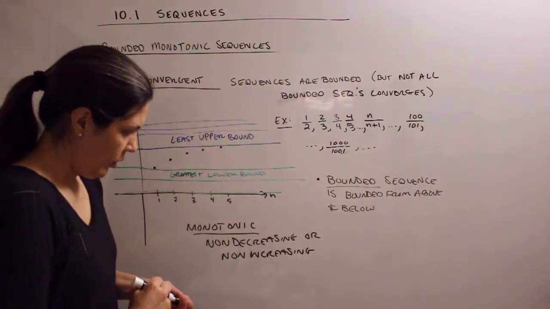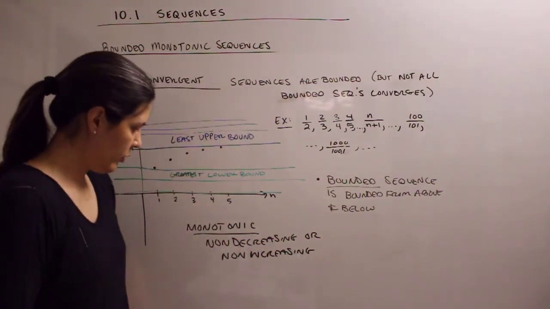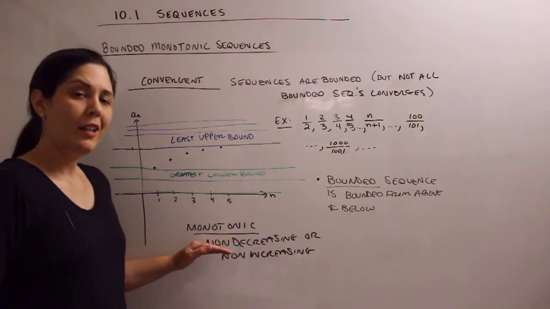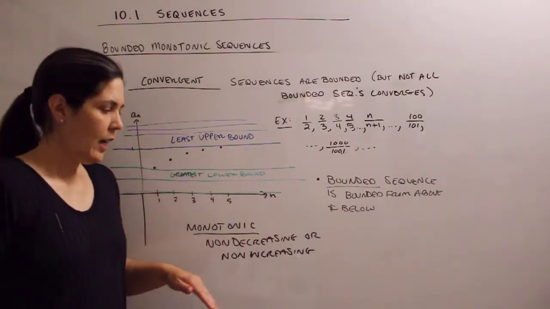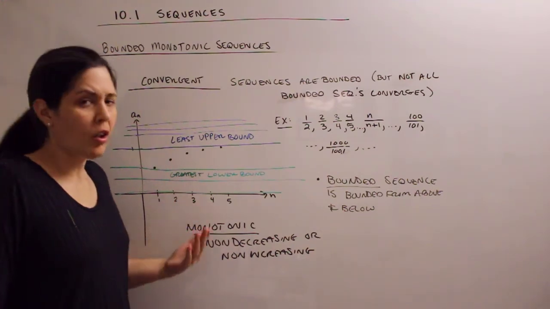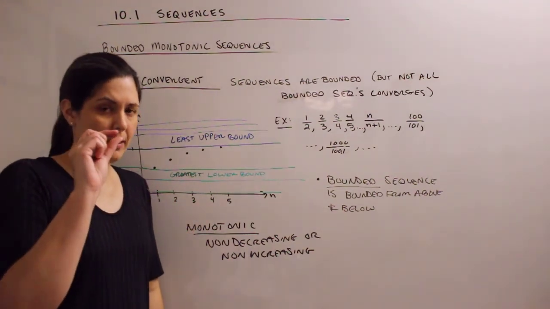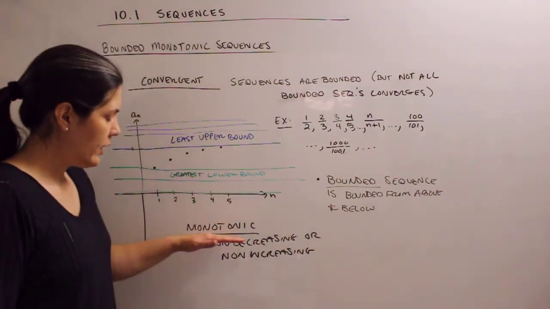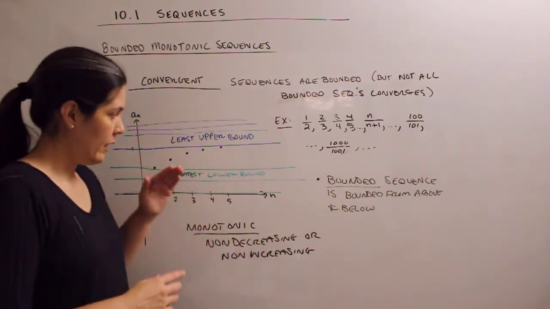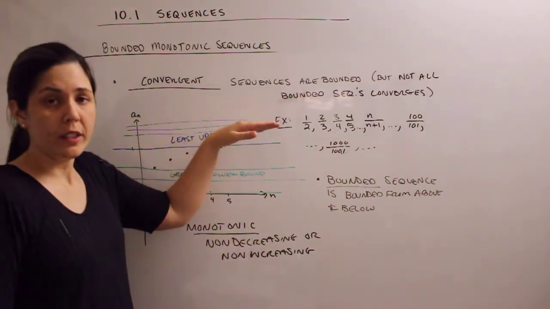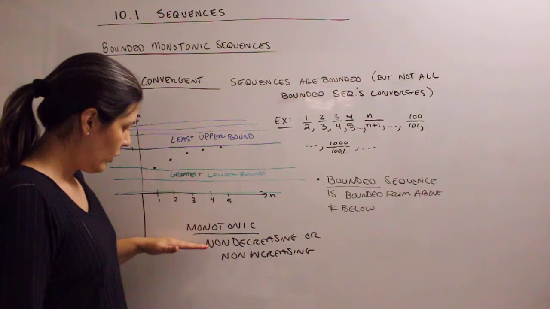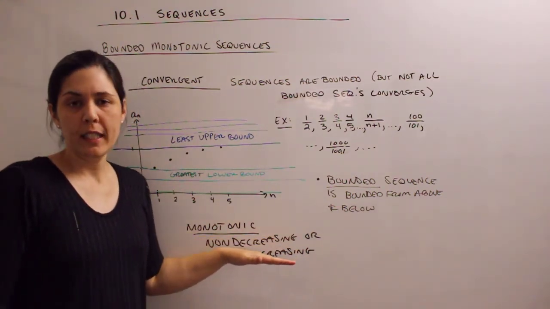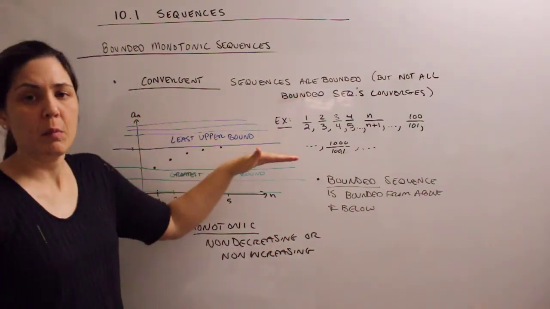Okay, so this sequence is monotonic because it is non-decreasing. I know you might say, why don't I just call it increasing? Because there's a subtle difference. It's non-decreasing, meaning that yes, this one in fact increases, but also what would be considered non-decreasing is if it just stays the same.